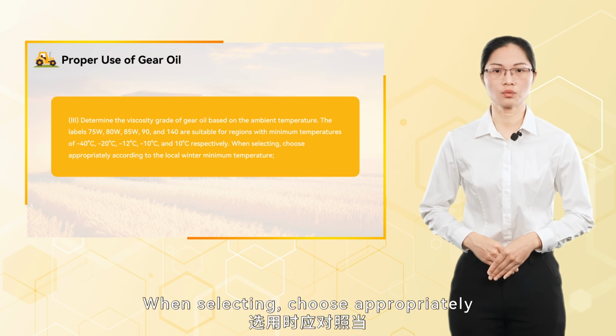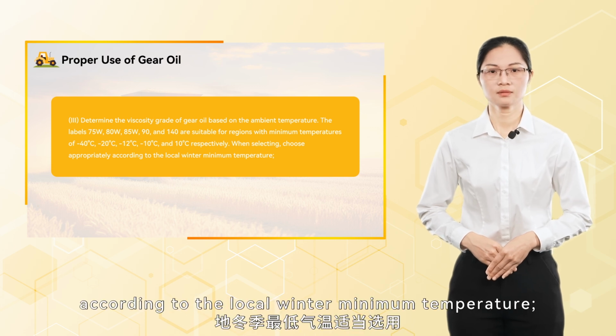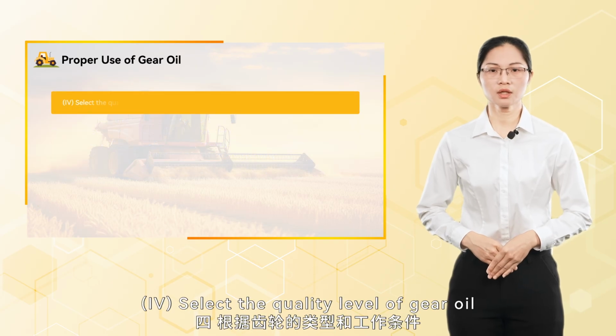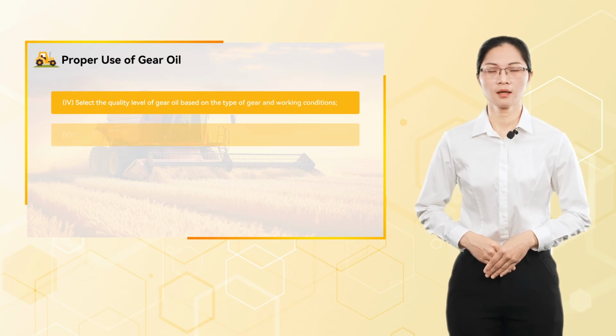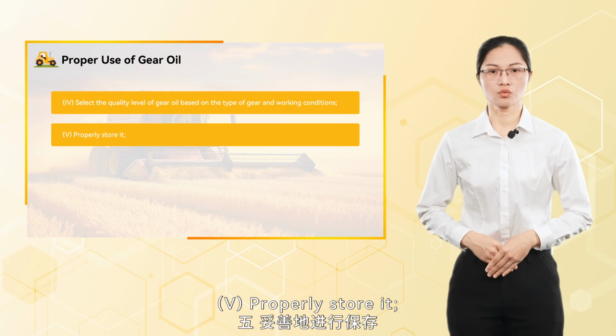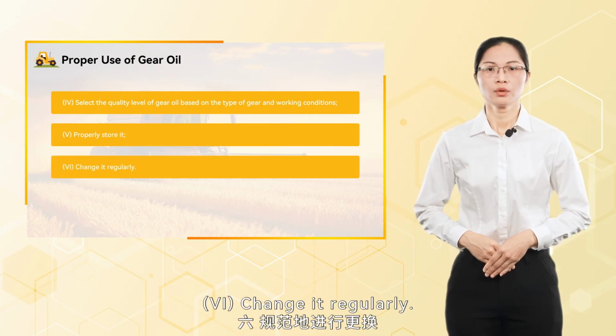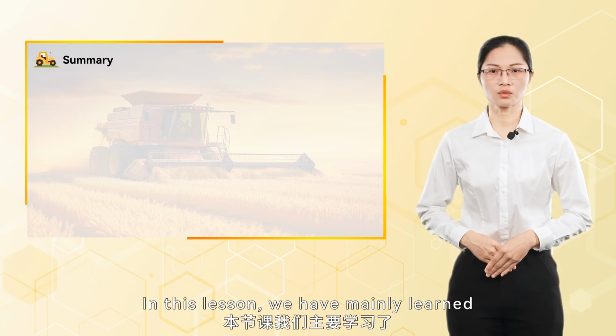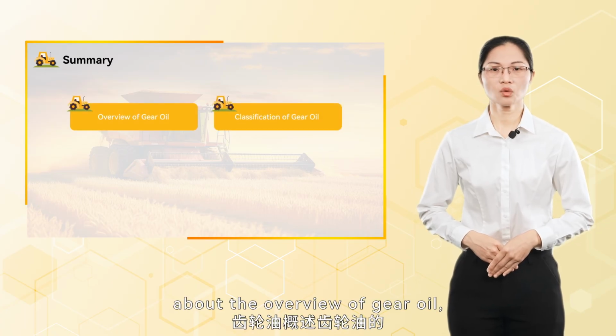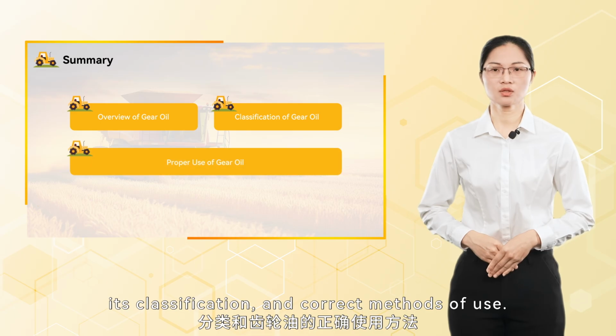When selecting, choose appropriately according to the local winter minimum temperature. 4. Select the quality level of gear oil based on the type of gear and working conditions. 5. Properly store it. 6. Change it regularly.